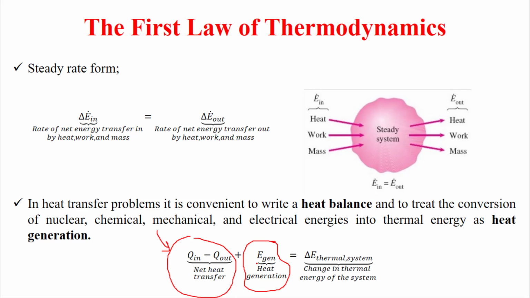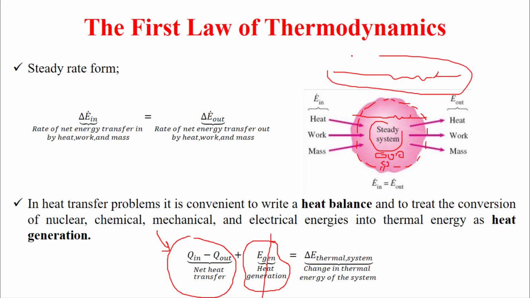As an example of energy generated, for this system, do we have an electrical wire inside it? Do we have a chemical reaction inside it? Here we have a source of heat inside this boundary. If the electrical wire is outside, then this term is equal to 0, if the source is outside, whether electrical, chemical, or nuclear.